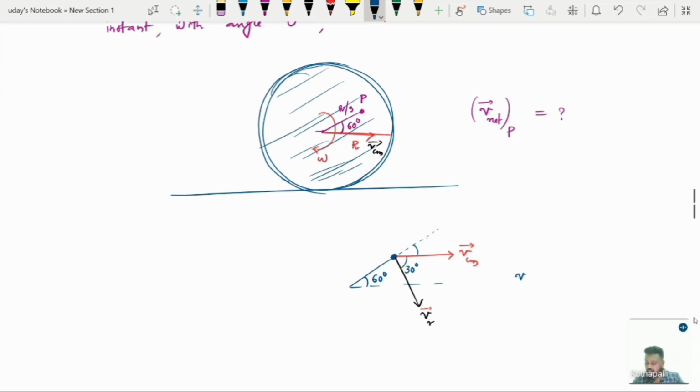So the net velocity magnitude will be the square root of VCM square plus VR square plus 2 VCM VR cos 30 degrees. And here VR is r by 3 omega.